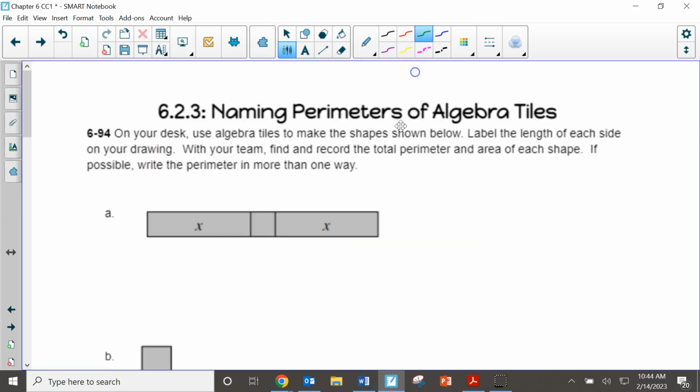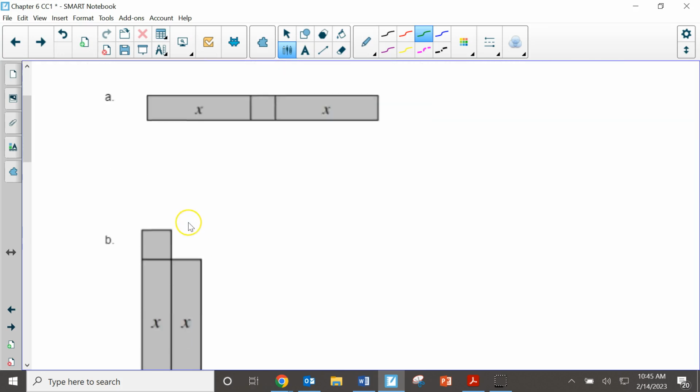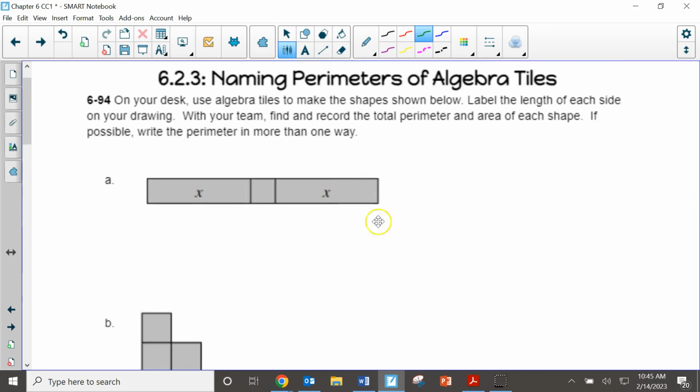So if we go to our notes, we are going to be finding the perimeter and area of each of these shapes. Let's start with area, because we would just be adding up all of these tiles. We know the area of this first guy is x.